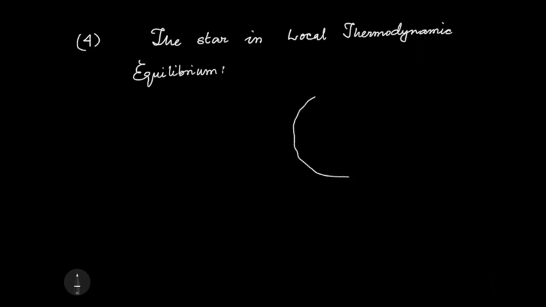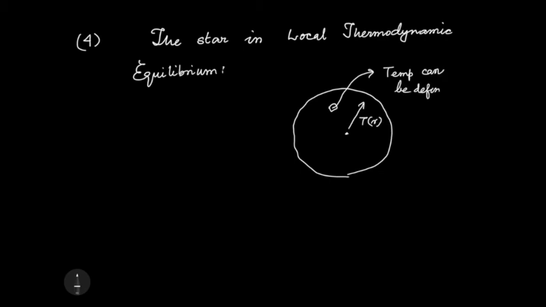So what does it mean? It means that if I think of now my spherical star, the temperature will be different at the center and in the core. So there will be a change in temperature with radius. But locally, if I consider a small region here, the temperature remains the same, or the temperature can be defined.